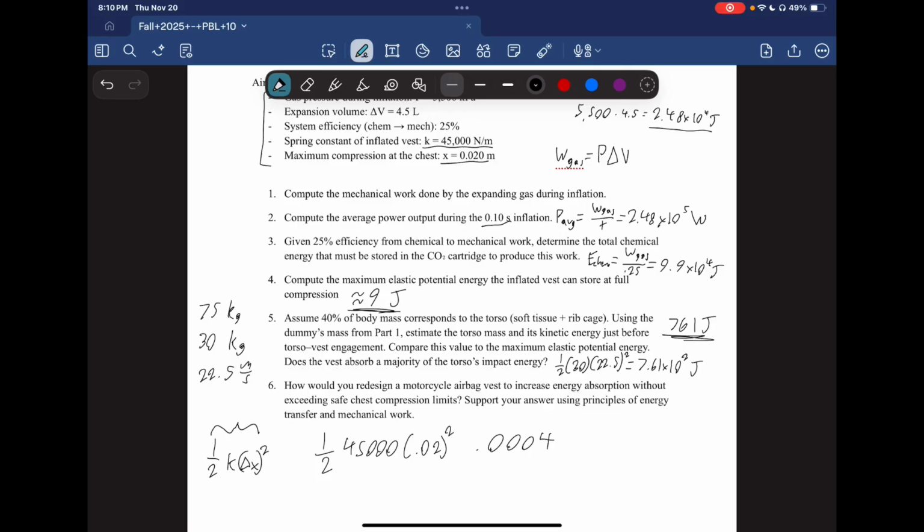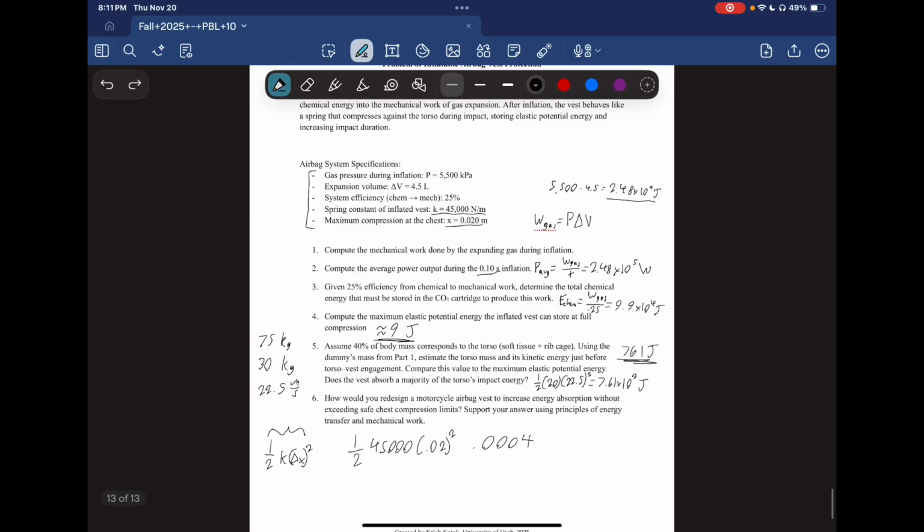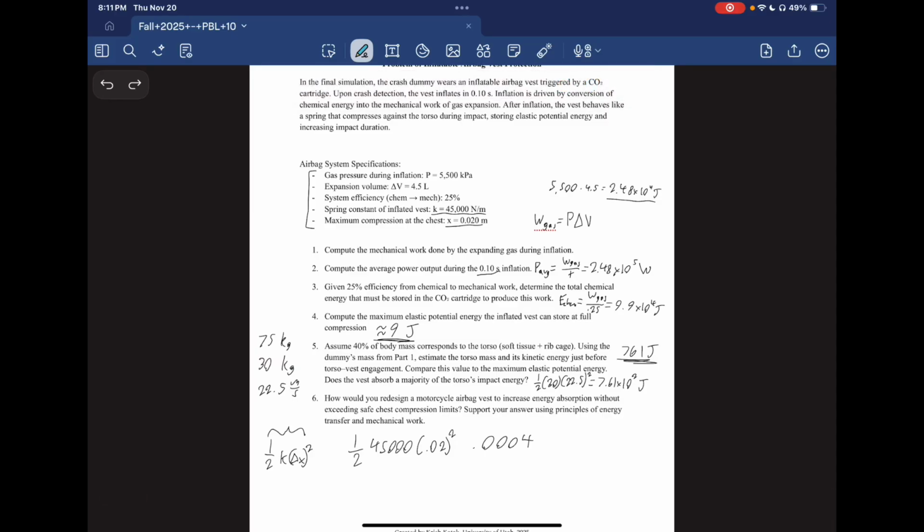So the best way to redesign this motorcycle airbag vest is to increase the size of it, or increase the compression distance so that the force is decreased proportionally. So if you can make this number bigger, then it will really increase the maximum elastic potential energy.